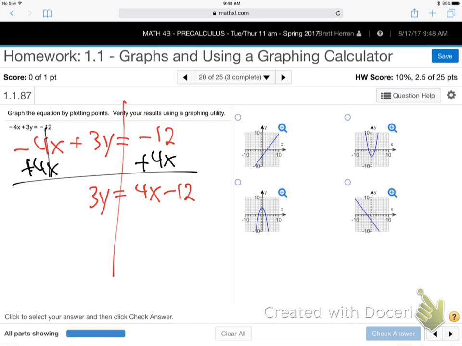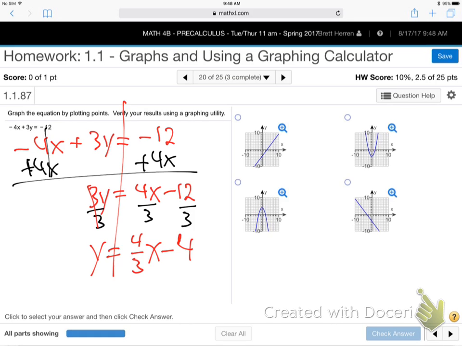And then divide through by 3. And 12 divided by 3 is 4. Like that: y equals 4/3 x minus 4. Now, let's graph that thing, now that we've got y alone.